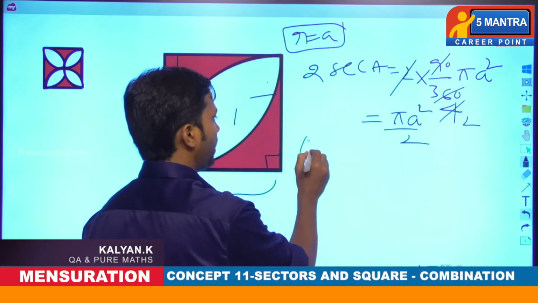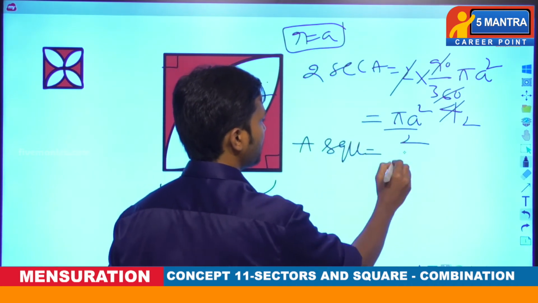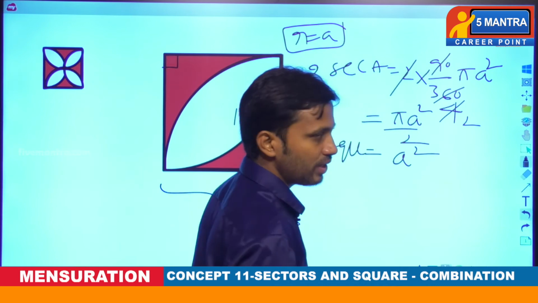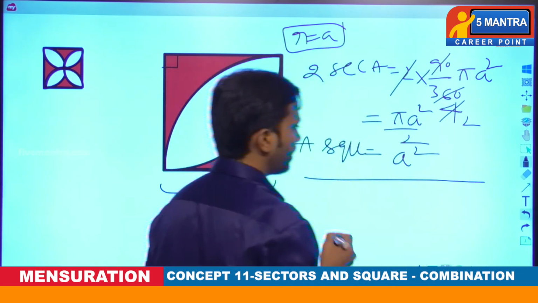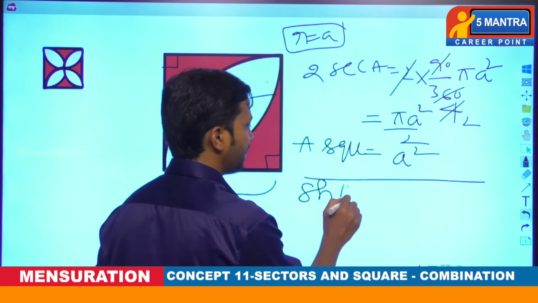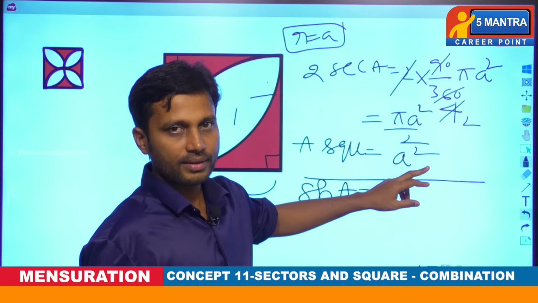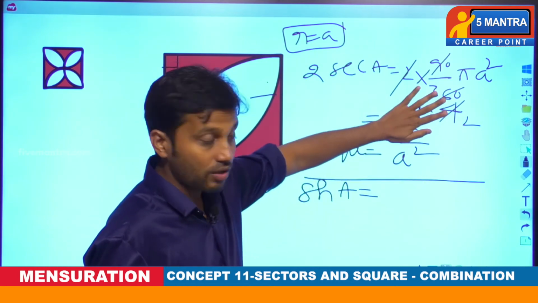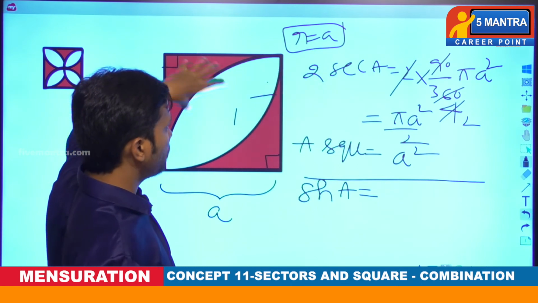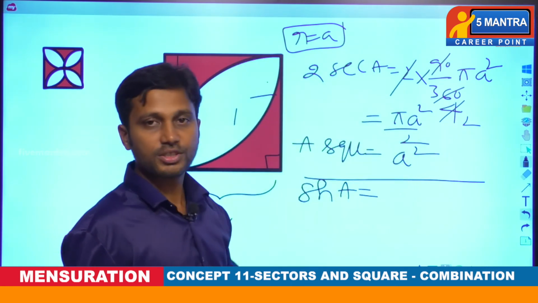Now what is the area of the square? The area of the square we already know, because it's the simplest basic, that is a square, where a is the side. Now if you want to find the shaded area, what I said, the area of the two sectors is more than the square area. So the sum of the areas of two sectors is pi a square by 2. From that we need to subtract a square.